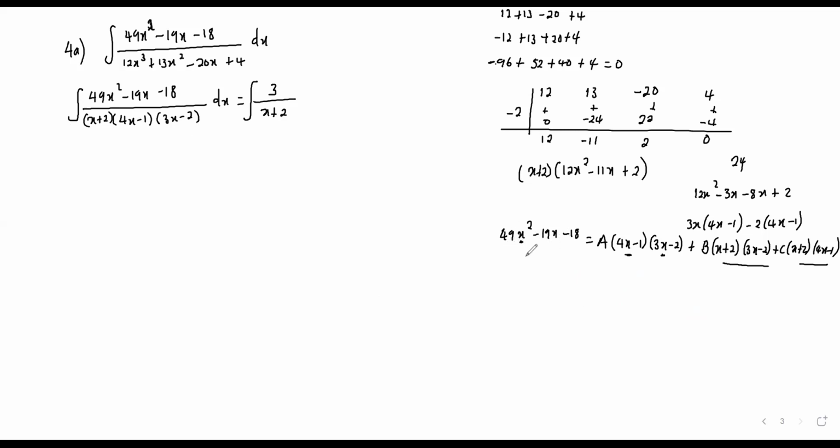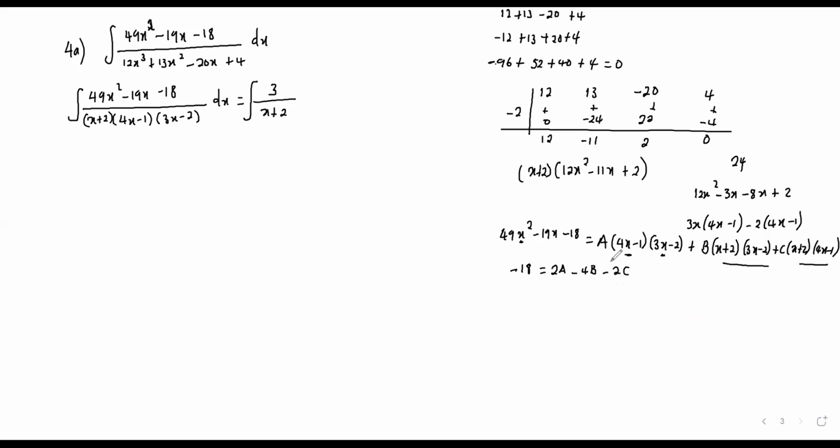So I'll let x be 0, so that I remain with negative 18 on the left equal to 2A minus 4B minus 2C.